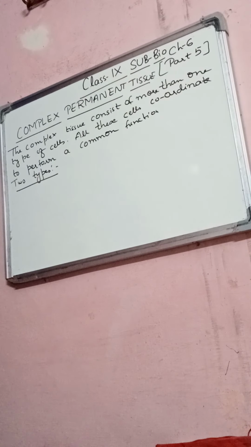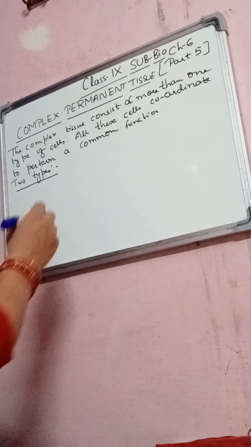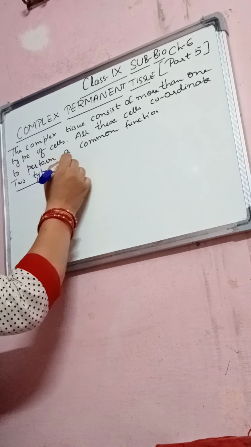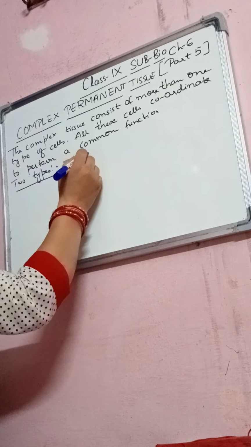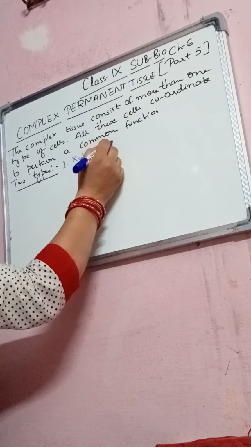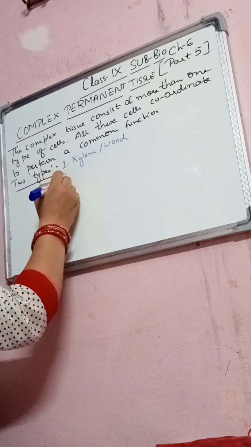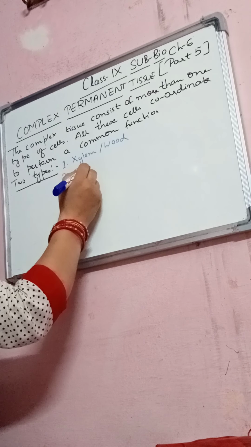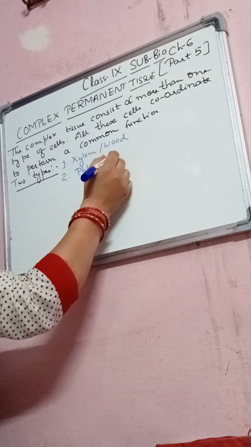Number one is xylem or wood, and number two is phloem or bast.